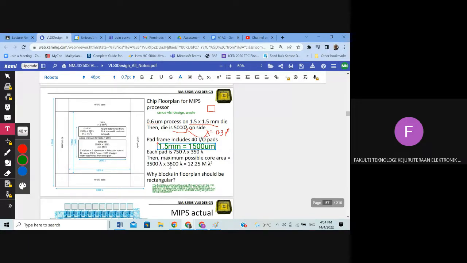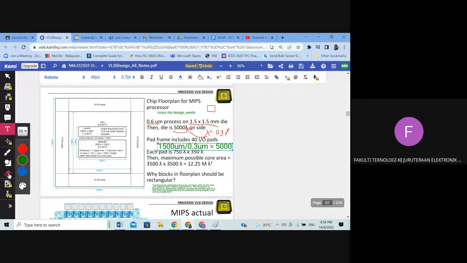To get the equivalent value in lambda, you divide this by 0.3 micrometer. If you hit your calculator, you will get 5,000 lambda. That's why we see it equal to 5,000 lambda here.